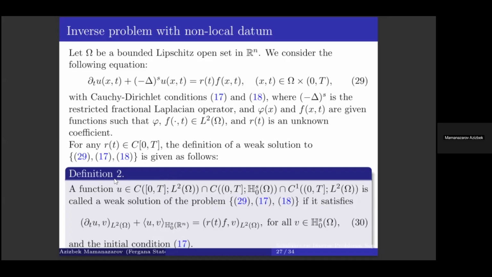Definition 2: a function u, which is from the class of functions, will be a weak solution of our problem if it satisfies the following identity for all the functions v from the space of functions, and also it satisfies the initial condition 17.